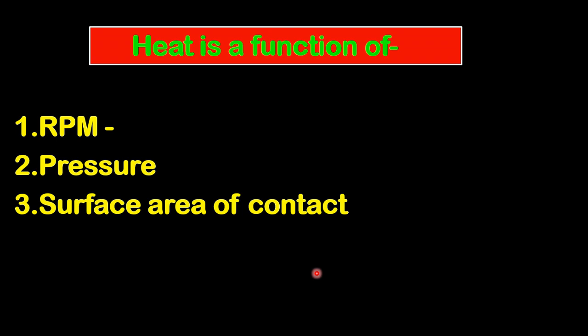The more the RPM, the more heat is generated, and the more the pressure, the more the heat generation. And the third factor, the surface area of contact, is related to the size and shape of the revolving tool. The more the contact between the tooth structure and the revolving tool, the more the heat generated.